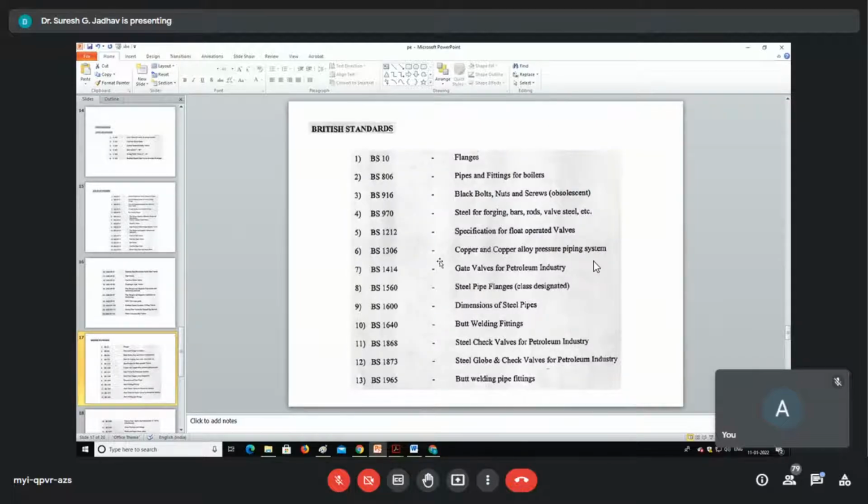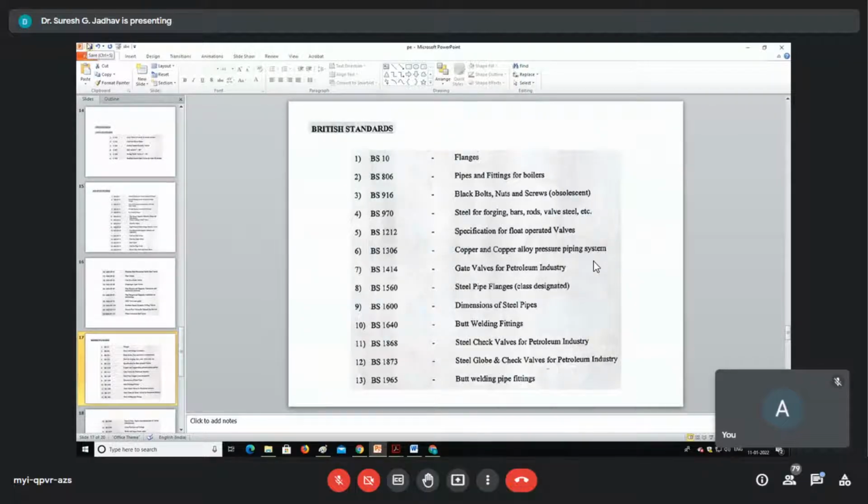Another standard is British standards, which we call BS. We can go for BS10 for the flanges. In many instances, it is possible to find British standards which may be substituted for American standards. Now, the Community of European Normalization is issuing standards replacing different standards in force in the European countries.